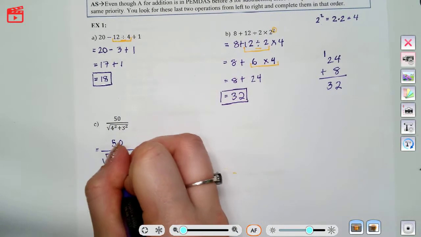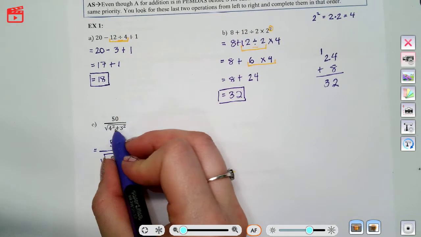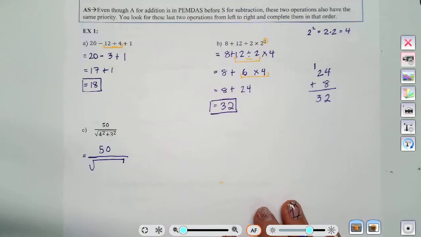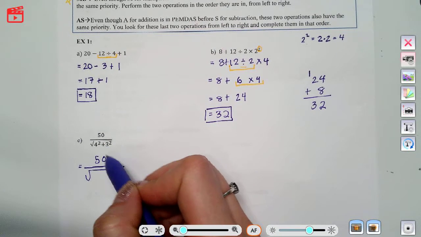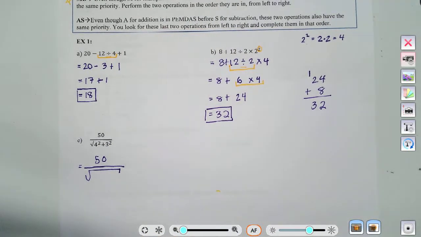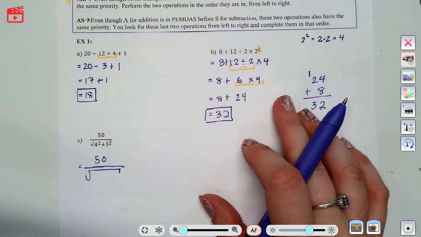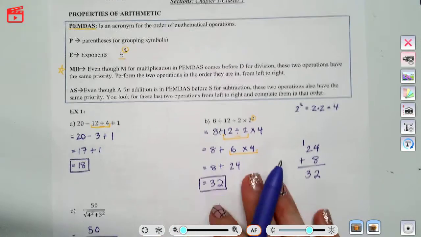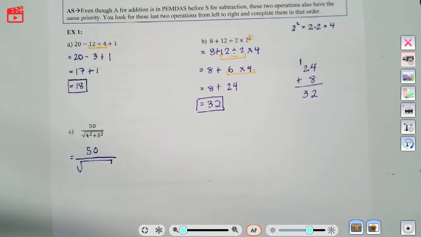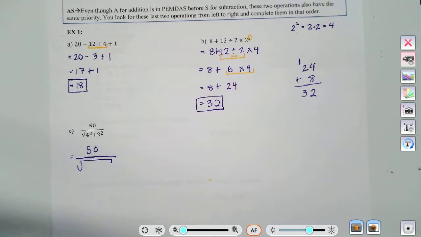So this is the square root of 4 squared plus 3 squared. We have addition going on inside the square root, and we have exponents. So ask yourself, which one should come first, the addition or the exponents? Well, remember, according to PEMDAS, exponents need to come first. So let me just do this on the side.